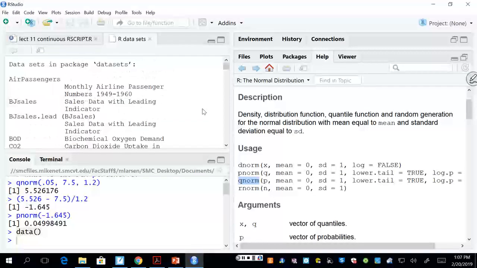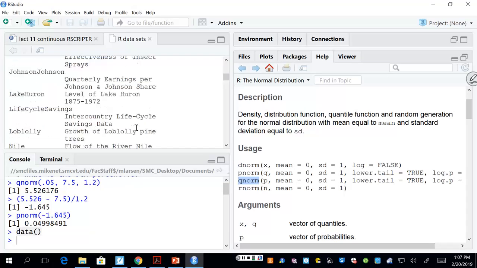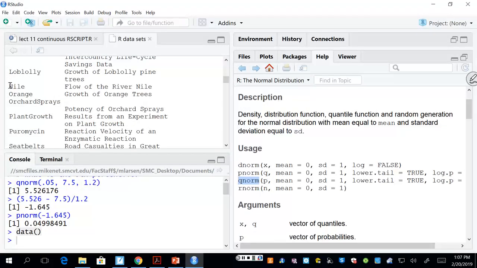Some of these are taken as examples in different packages, there are different operations, and they're used in some textbooks. There's a whole bunch of these different things there. One data set is, for instance, Nile, a data set on the flow of the Nile River.